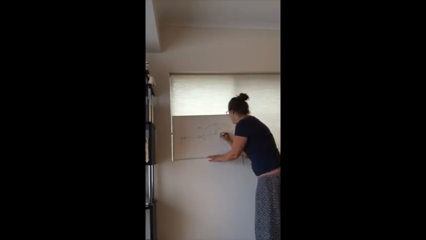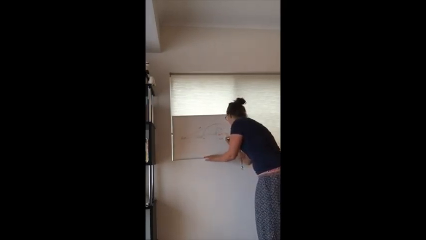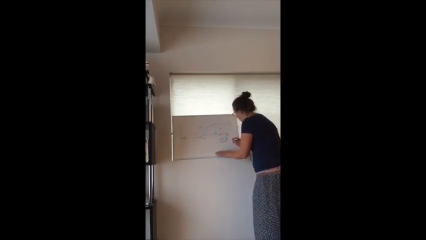So let's write out. So we have tan theta equals opposite over adjacent. So therefore tan 16, because this is our angle here, equals x over 1,200 metres. So therefore tan 16 times 1,200 equals x.